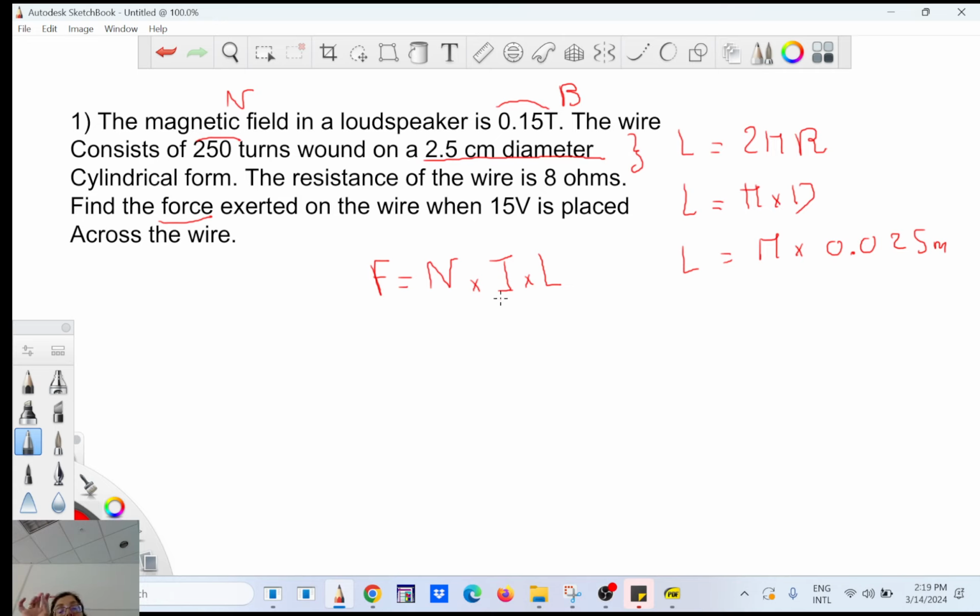Okay, so each loop is acted on by a force ILB, and then you keep adding them, so that's why you have the number of loops here, times B, and they are perpendicular to each other, so I don't have to worry about the sign. I have B, I have L, I have N. How can I find the current flowing?